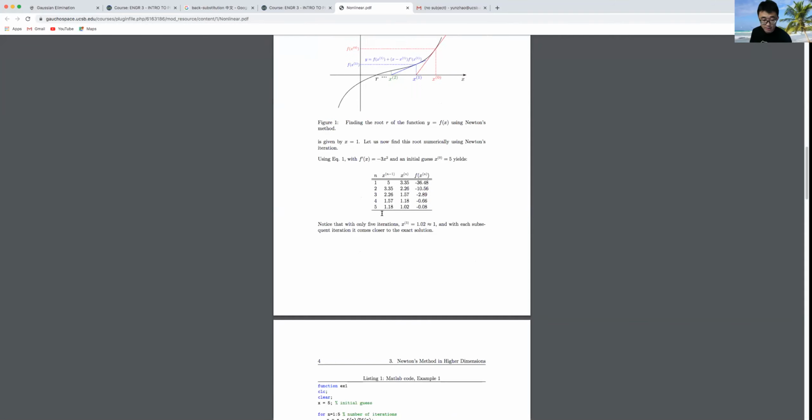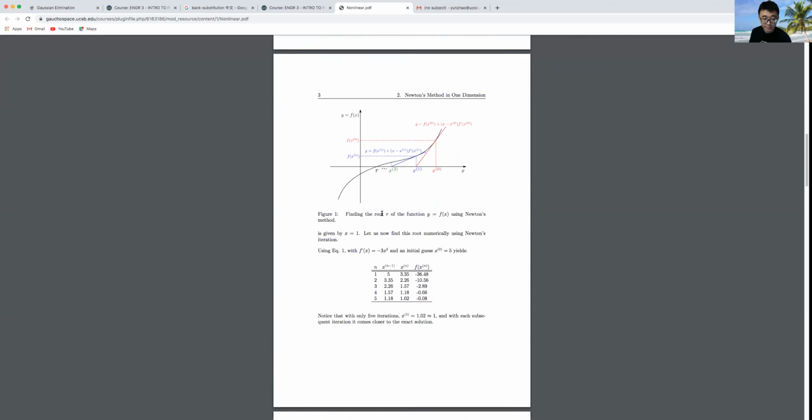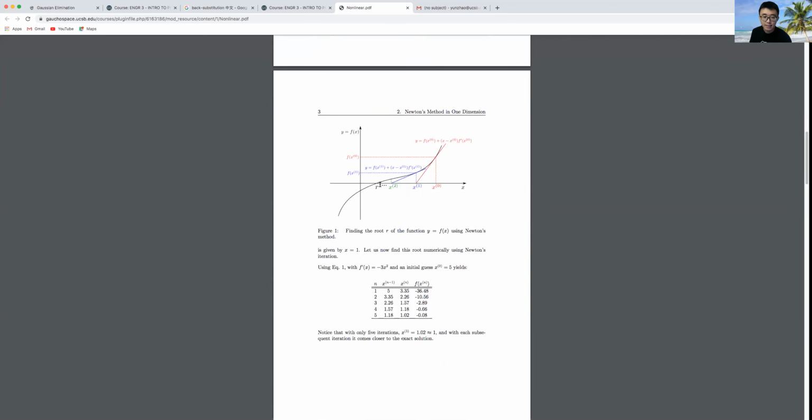Tolerance is something we usually call epsilon, which means that the distance between our current solution and our target is smaller than a certain threshold, and in that case we accept the solution. We think it's good enough, right?